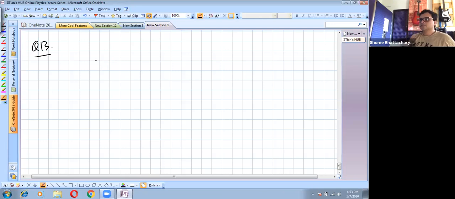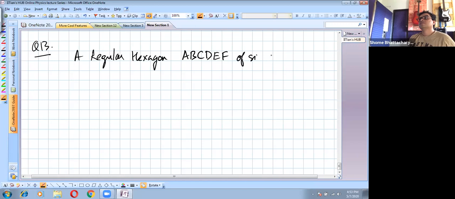Right. So question number 13 is like this, that we have a regular hexagon ABCDEF of side length, I think it is 20 centimeters if I'm not mistaken. I'll just check it. Now we have to find various options.